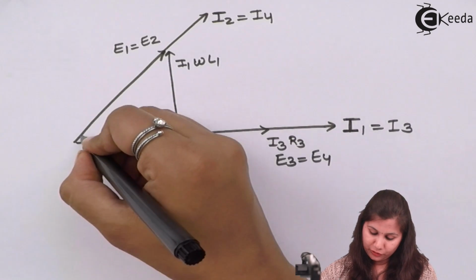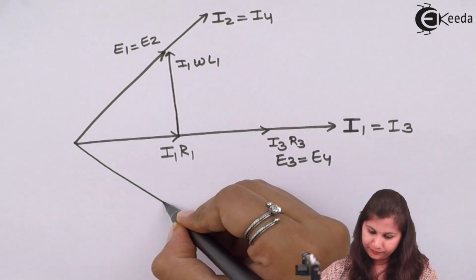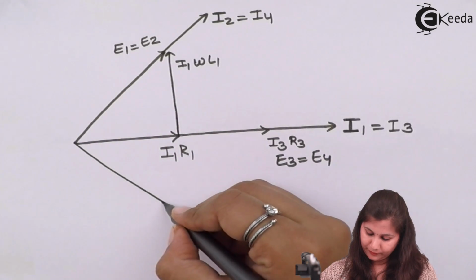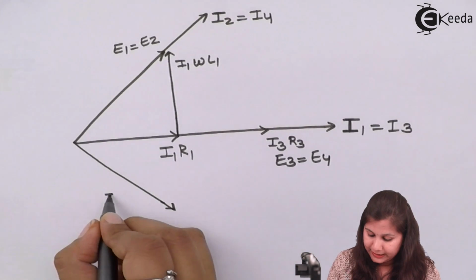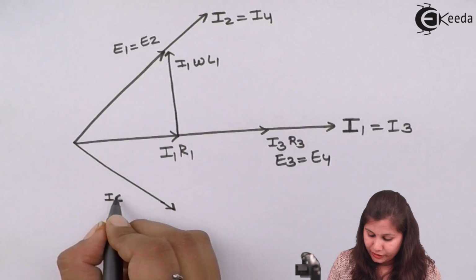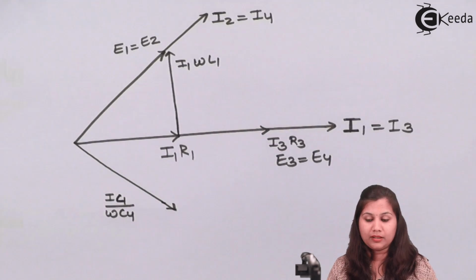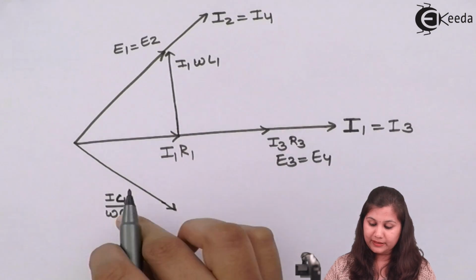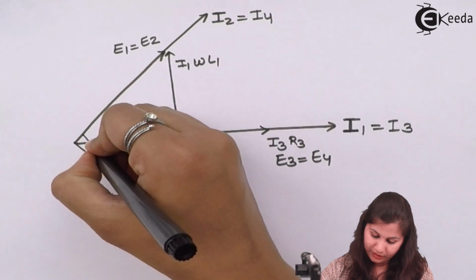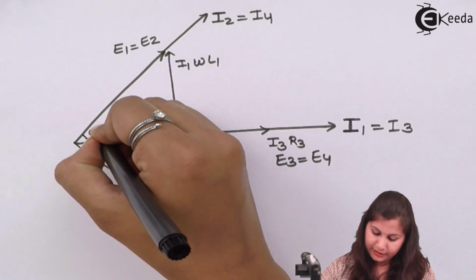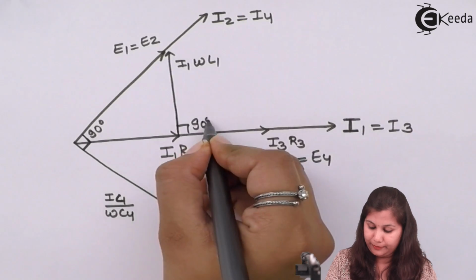We draw a 90 degree angle, and here we have the voltage drop across the capacitor, I4 upon omega C4. I4 was the current across the capacitor, and we have a 90 degree relationship between them.